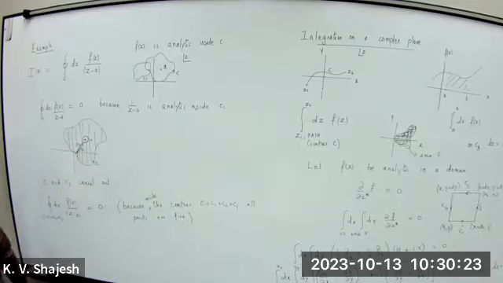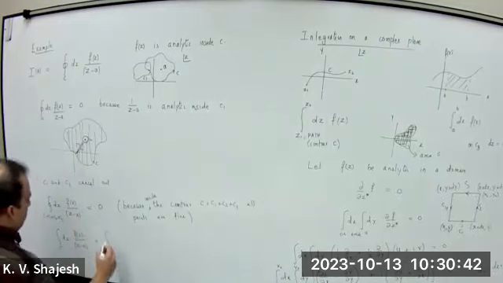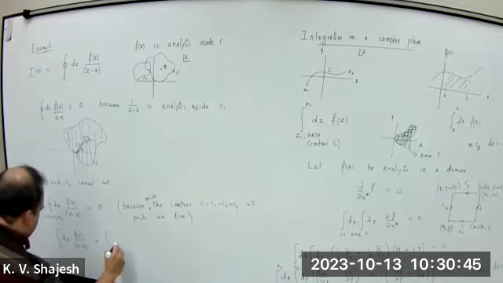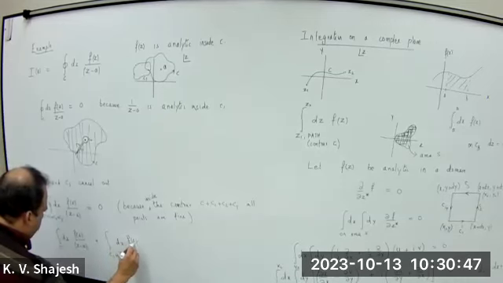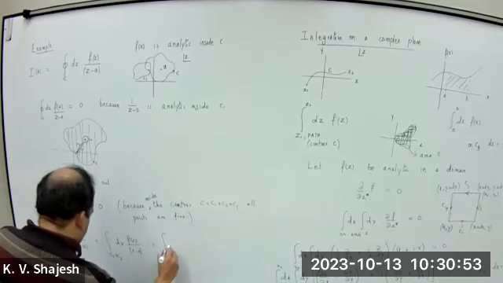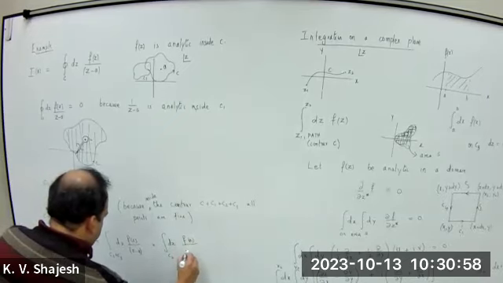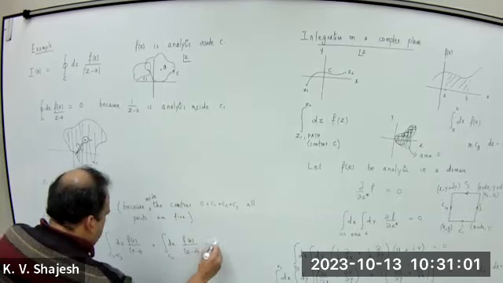C1 and C3, we argue that it is the same, so I can say, notice the argument, the integral over C of dz f of z over z minus a, plus the integral over C1 plus C3 of dz f of z over z minus a, that's equal to 0.